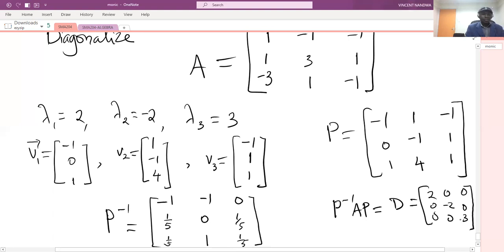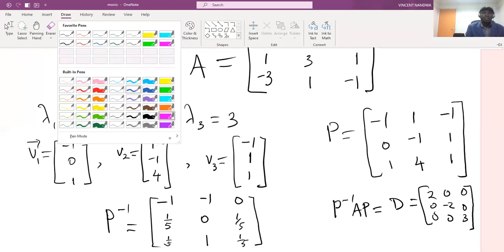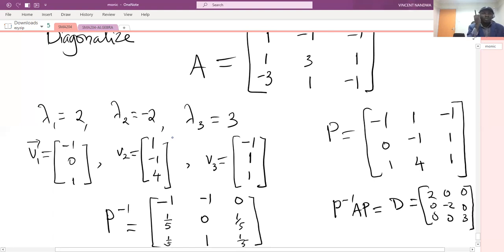One thing that I have to remind you is that there's nothing special with this ordering. You can as well call negative 2 your lambda 1. The way you order your eigenvalues is what determines how your P will look.